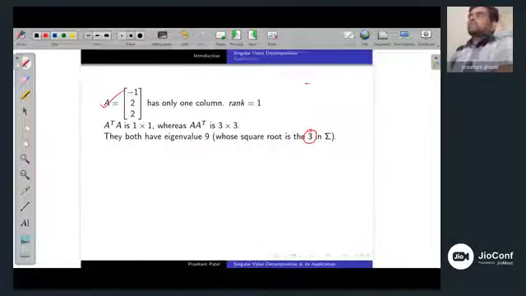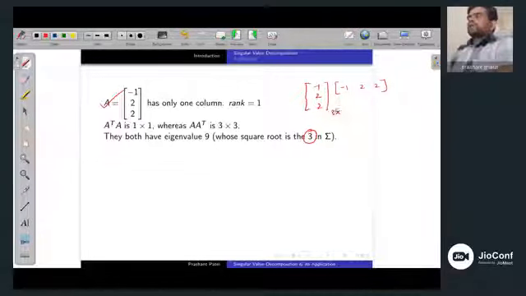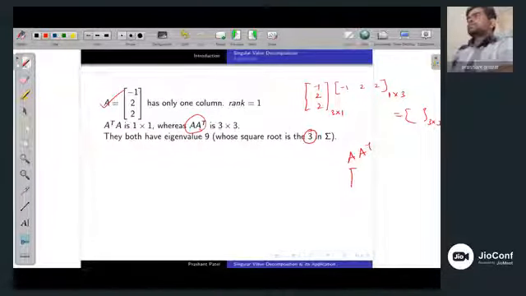See, if you take the product of this column minus 1, 2, 2 and the row minus 1, 2, 2, this has 1 row, so it is 1 by 3, and the other is a 3 by 1 column. Sorry, I might be making a mistake; these two quantities are interchanged.